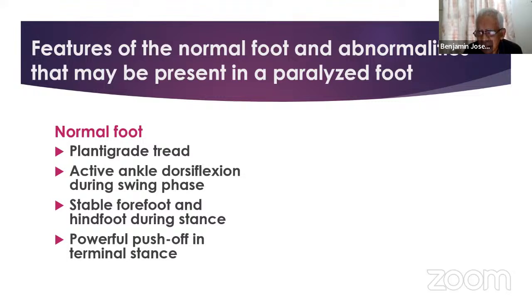The arch is maintained. When you look at the function of the foot while walking, the ankle dorsiflexes during the swing phase to give you clearance. Then in the stance phase, what we want importantly is stability of the forefoot and the hind foot. In the terminal stance, you want a powerful push-off to enable you to propel yourself forward.